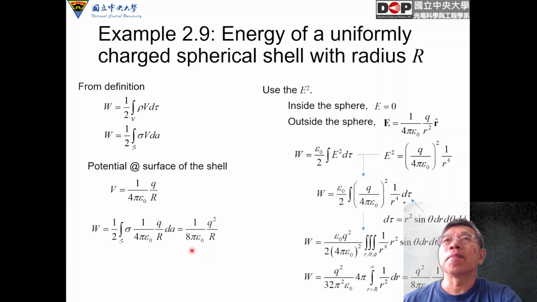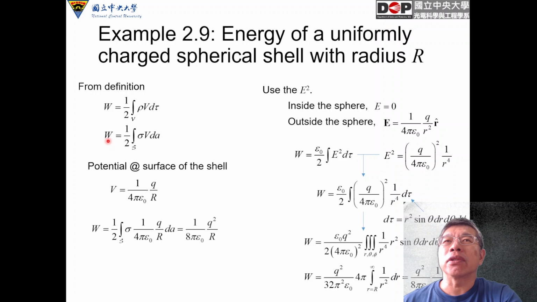This is example 2.9: the energy of a uniformly charged spherical shell with radius r. So you bring in everything, and you can use the definition of the work done, that is the location of the charge times the potential everywhere, and we can rewrite it into the surface form, a surface integral.